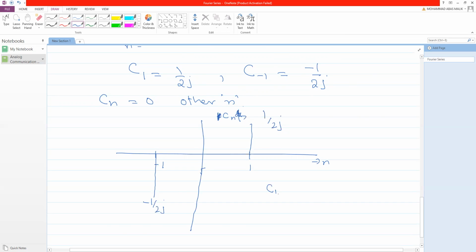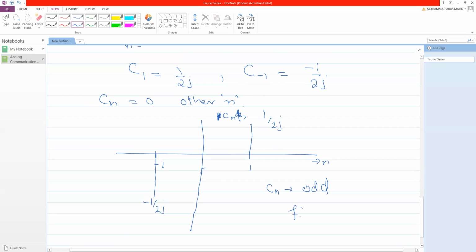Now tell me, what do you get? This is its complex spectrum. Is this even or odd? From the figure, what can you conclude? This is odd. Why?